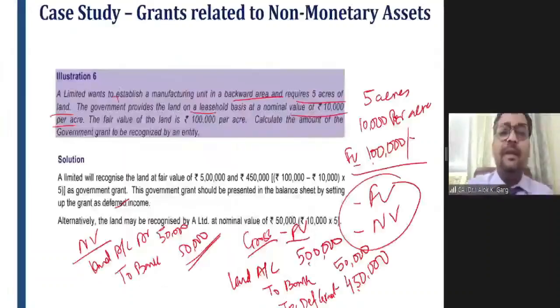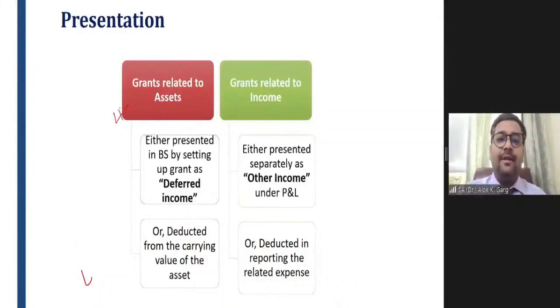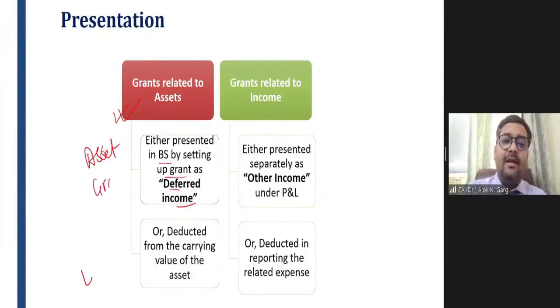If the grant is related to assets, in that case, the grant has to be shown as a deferred income, as a deferred government grant on the liability side, and the asset is shown in the balance sheet on a gross basis. Okay. So the asset will be there at full value, at gross value, and the grant will be shown.